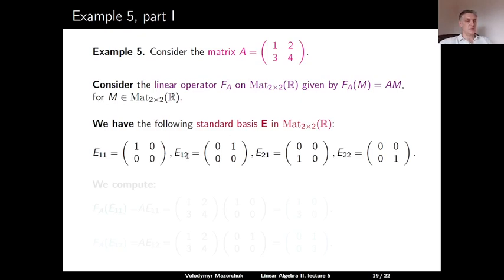Then we have E1,2, which is the matrix 0, 1, 0, 0. E2,1, this is the matrix 0, 0, 1, 0. And the matrix E2,2, which is 0, 0, 0, 1.